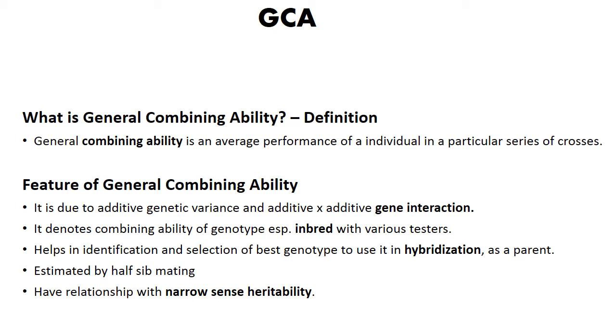It denotes combining ability of genotypes, especially inbreds, with various testers. It helps in identification and selection of the best genotypes to use in hybridization as a parent. It is estimated by half-sib mating. It has a relationship with narrow sense heritability.